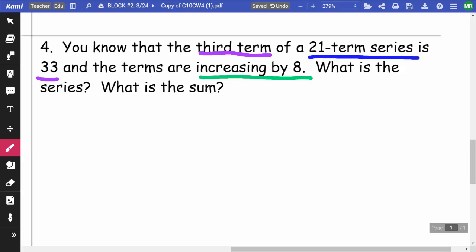So for this, what I'm going to do is first I need to figure out what my first term is. In order to do that, a couple ways I can do that. One way is just knowing that I'm going to have 1, 2, 3 terms here.